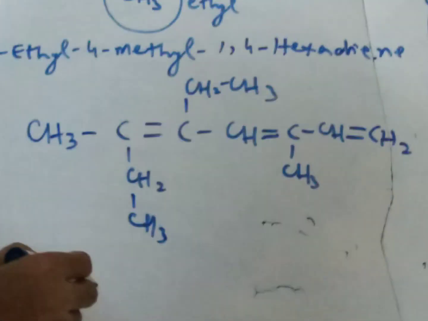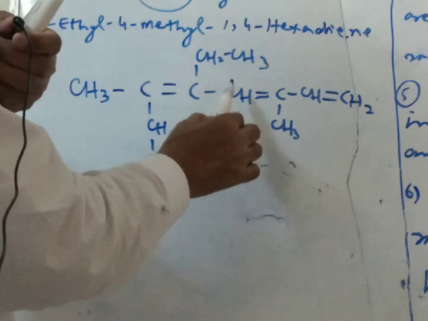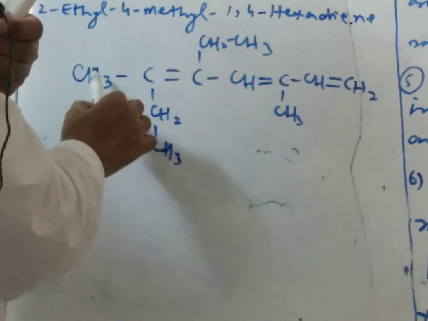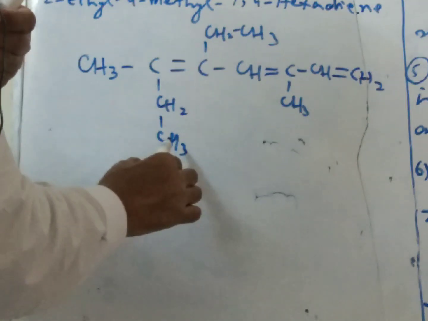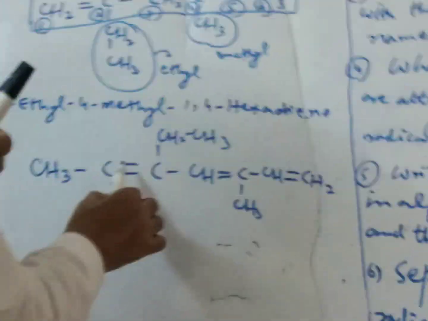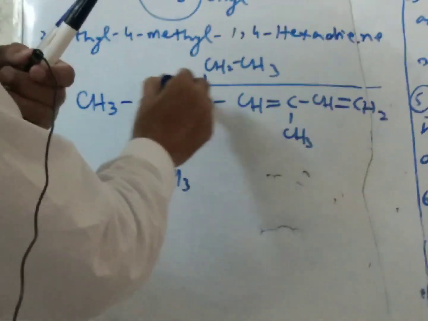Now we want to select the longest chain first of all. 1, 2, 3, 4, 5, 6, 7. 1, 2, 3, 4, 5, 6, 7, 8. This chain contains all the double bonds. So this is the required chain.